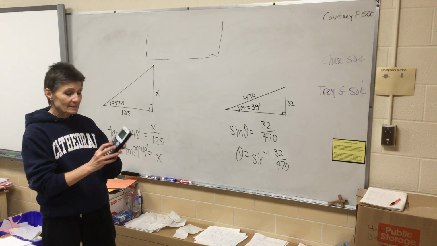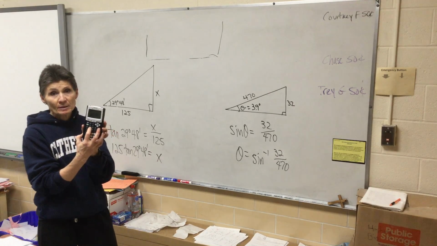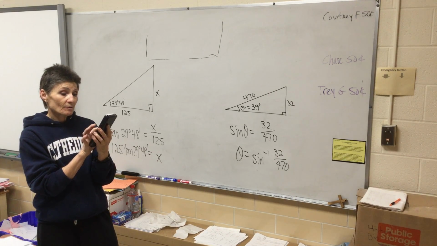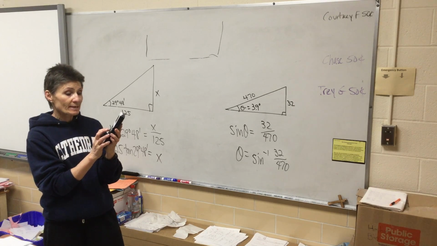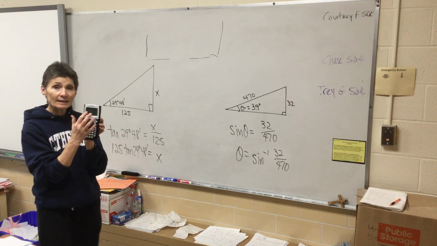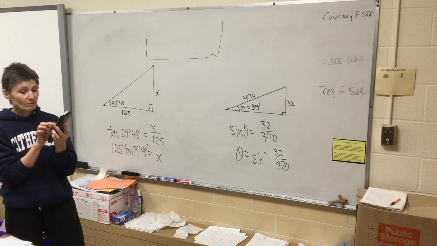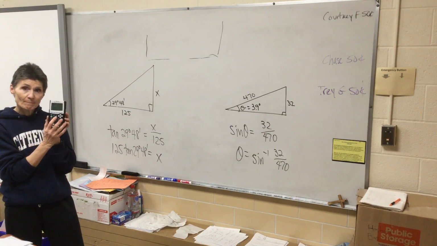And angle is the apps button. Angle is above the apps button. So in the third row, second column, right next to the math button is the apps button. And if you press second apps, that's your angle menu. See how it says angle above it in blue or whatever color you got?